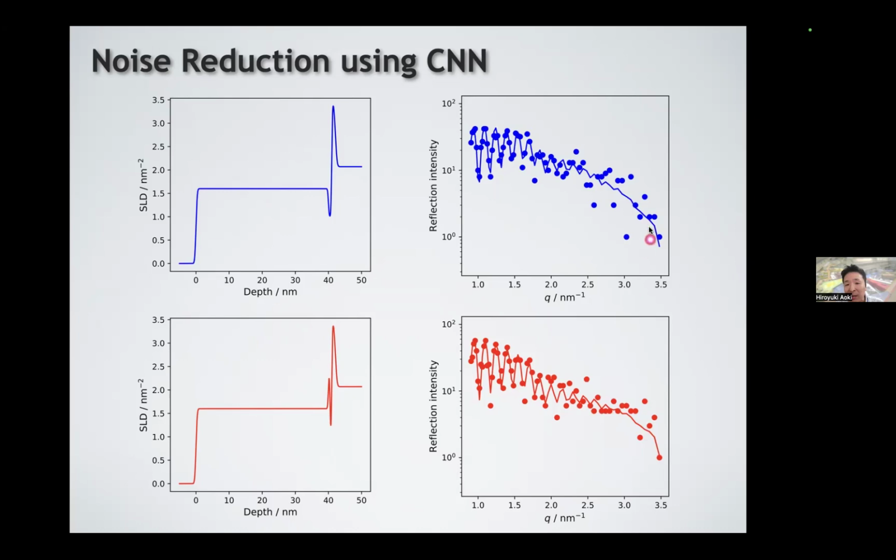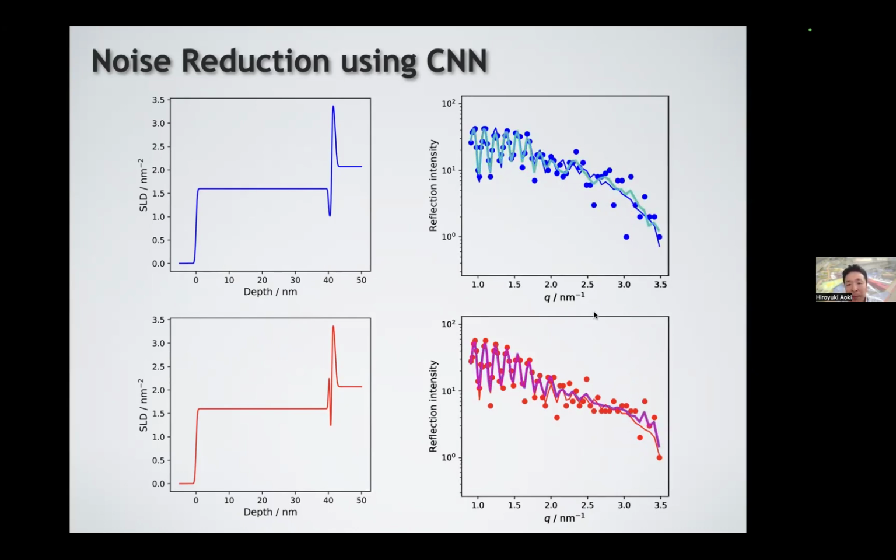The Q range is a little different between the theoretical profiles, but with the limited neutron signal count, this generates quite a noisy reflection profile, so we cannot see the difference between them.